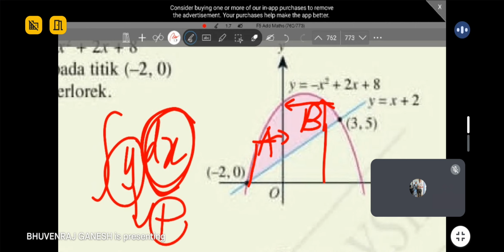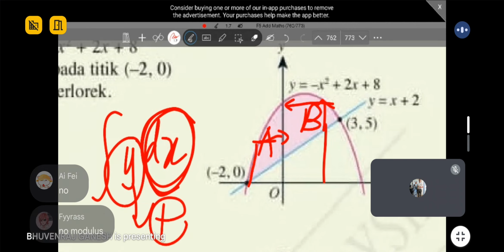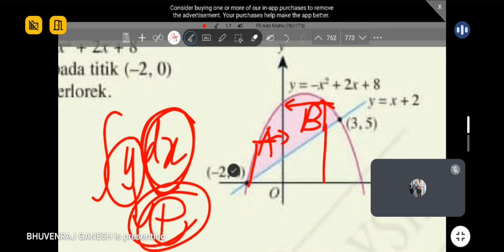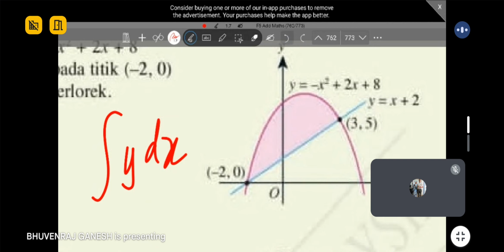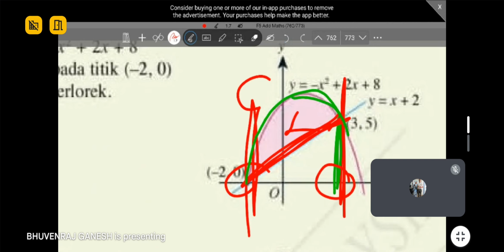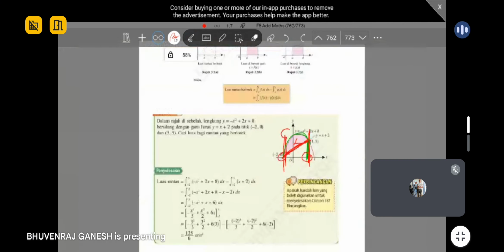So do I need modulus for this kind of question? Yes or no? Okay, no need. Because your area should be positive based on the concept that I explained just now. A and B, kedua-dua pun positif. Okay? So clear on it? This question? Any problems? If no problem, we go on.